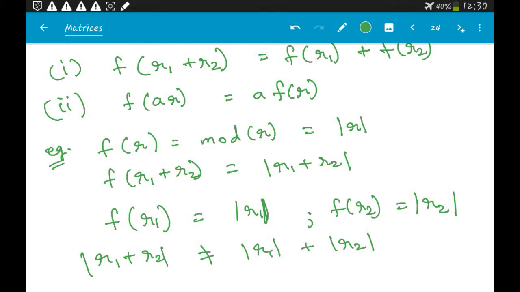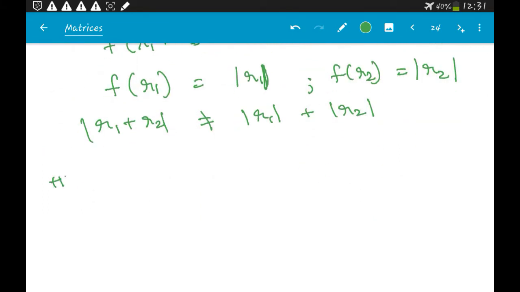Even if r2 is minus 3, the absolute value would consider it 3, but over here within the mod it would be a different value. So this is in general not true. Therefore this function is not linear.